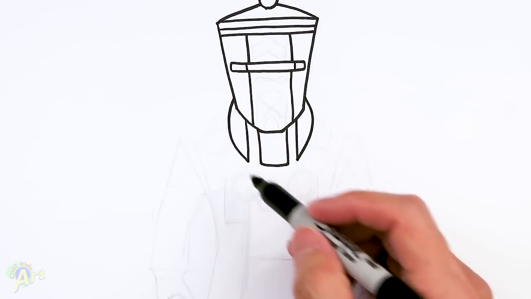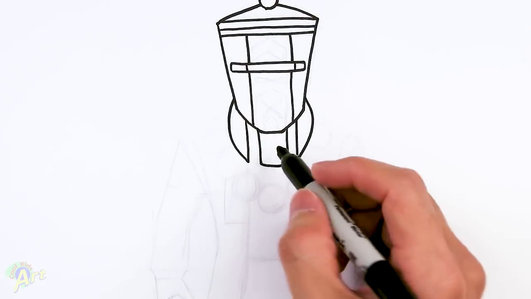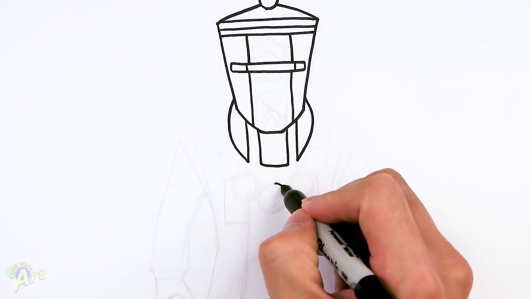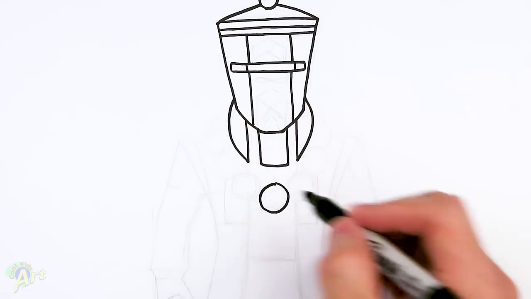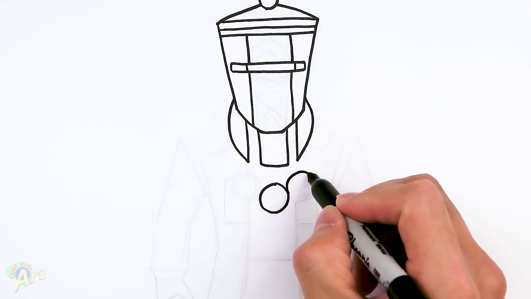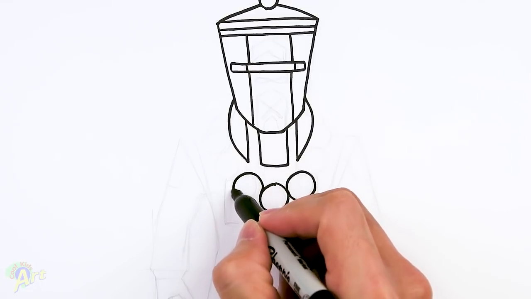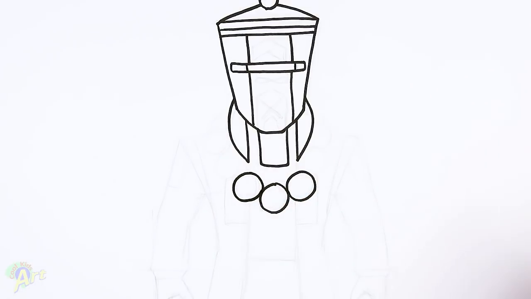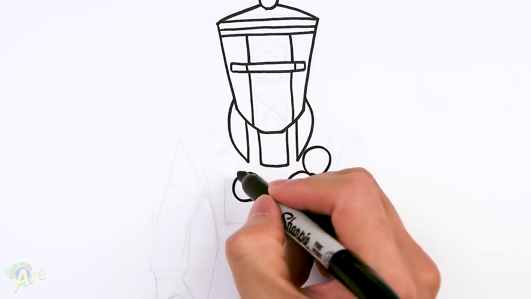Alright, and now we're drawing those big beads, the necklace. So start in the middle, and we're going to come down. They're nice and big, so we're going to draw one big circle first, and then now we're going to go up. So now we're going to draw another one. Okay, so that's two, and then I'll keep going, all the way up.